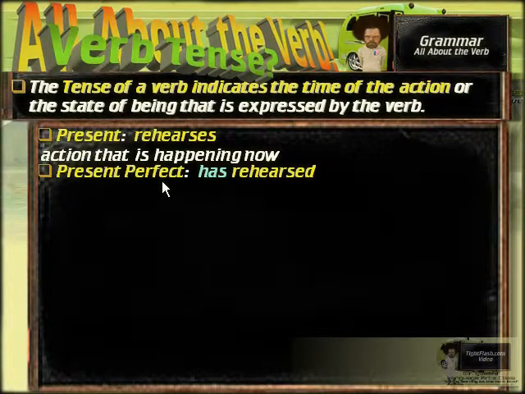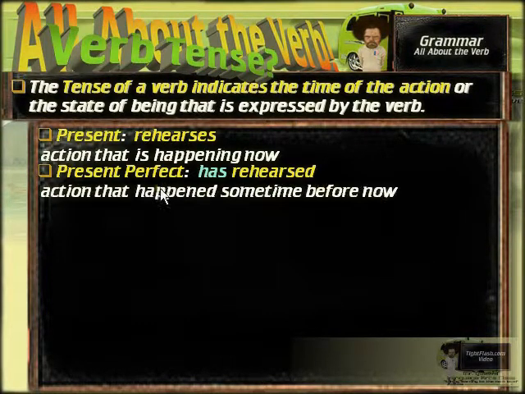But let's talk about when you start adding helping verbs. Like if we added the helping verb has to rehearsed, which is a slightly different form of rehearses. Now we're talking about changing the meaning of the tense a little bit here.